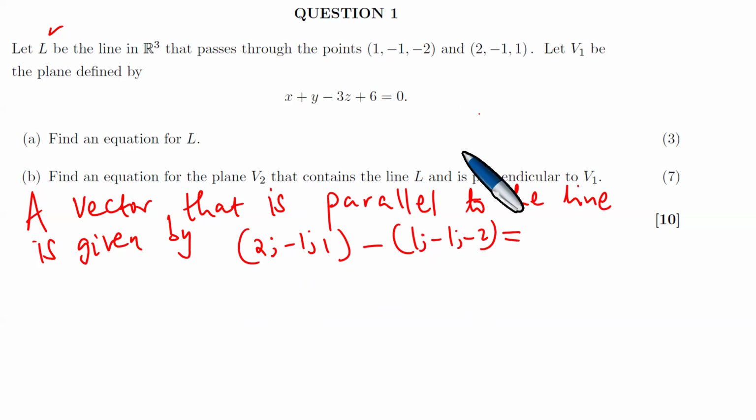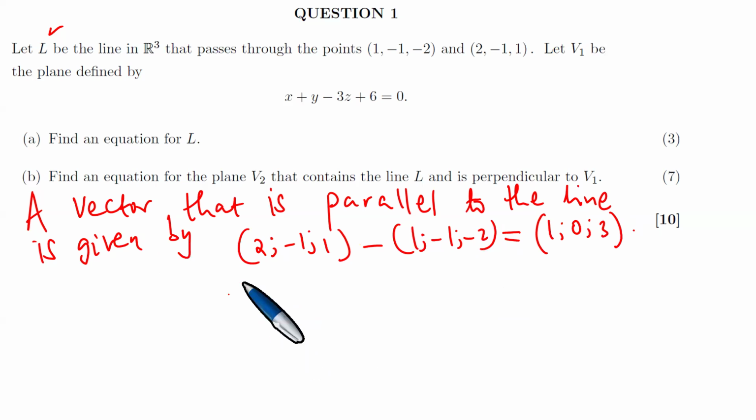We take (2, -1, 1) and subtract (1, -1, -2), and therefore the result is as follows. We have 2 minus 1, which is 1, then -1 plus 1, which gives us 0, and then 1 plus 2, which gives us 3. So a vector that is parallel to the line is given by (1, 0, 3).